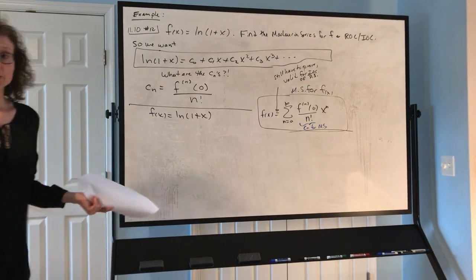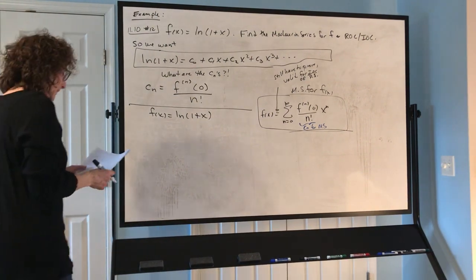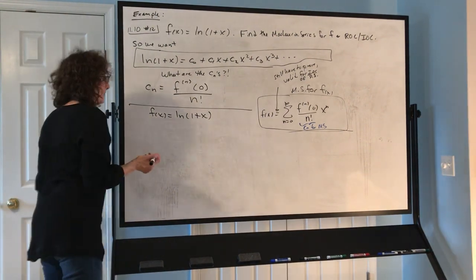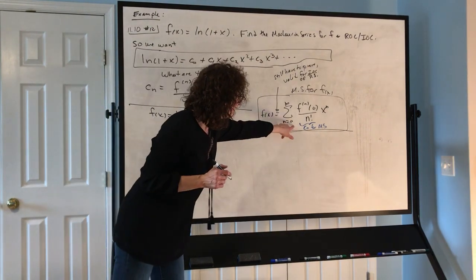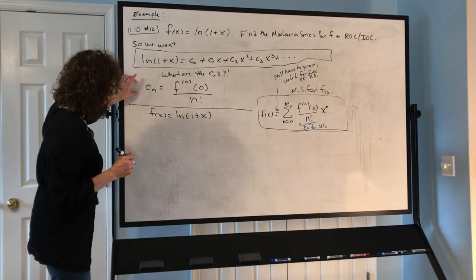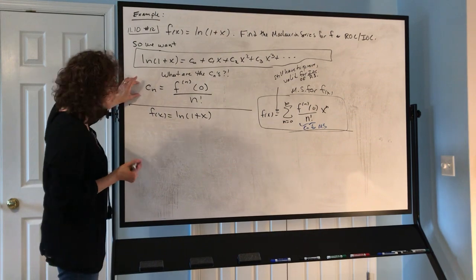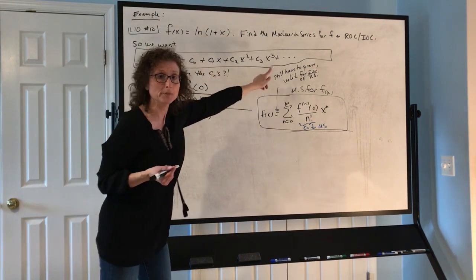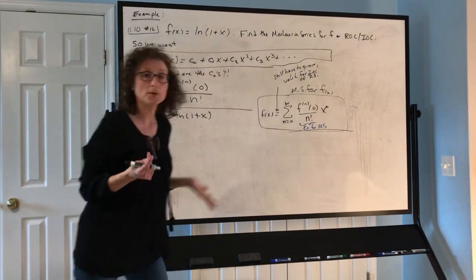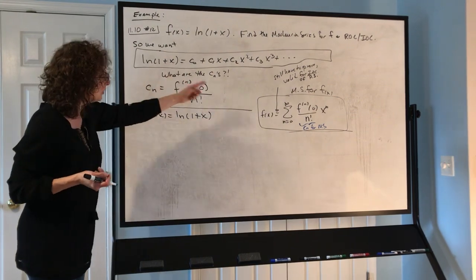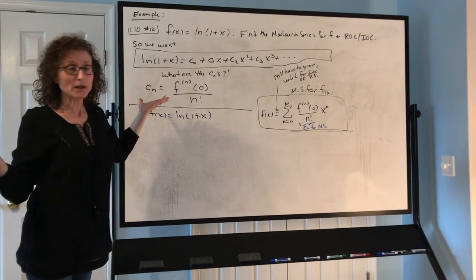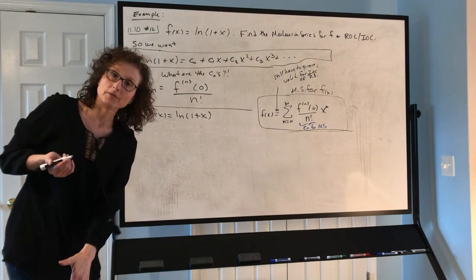That's where I start. What I'm going for are these C sub n's. That's what I need to compute. It's the only thing unknown up here. How am I going to compute them? I need to start taking derivatives. So let's just take a bunch of derivatives.